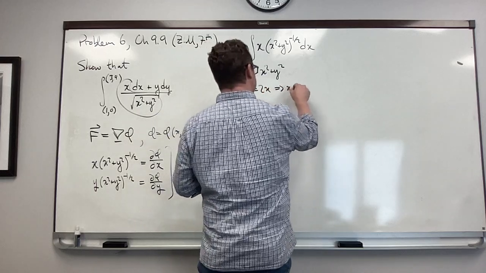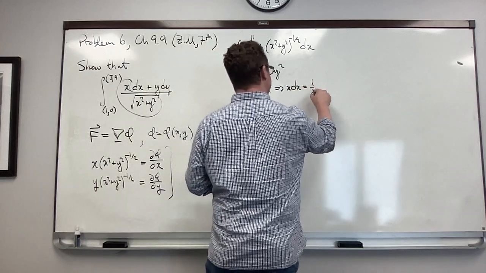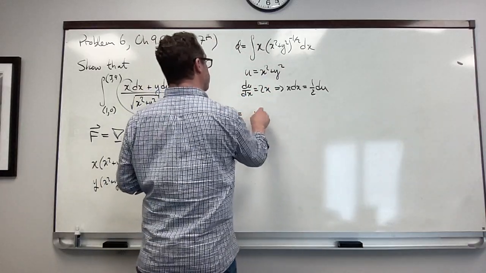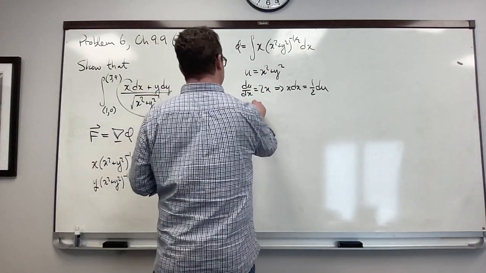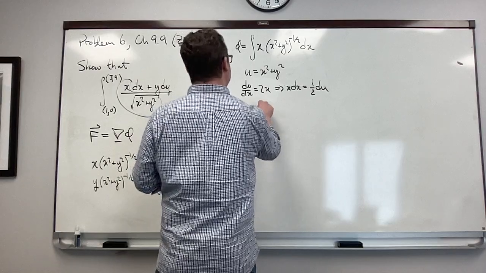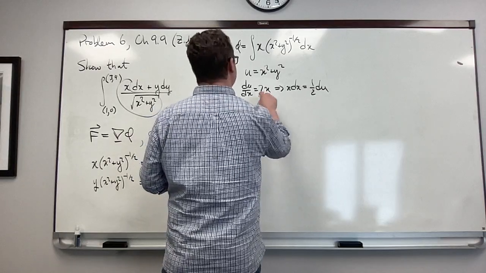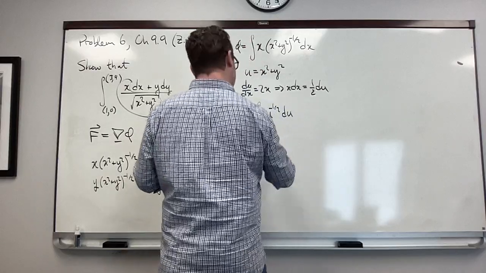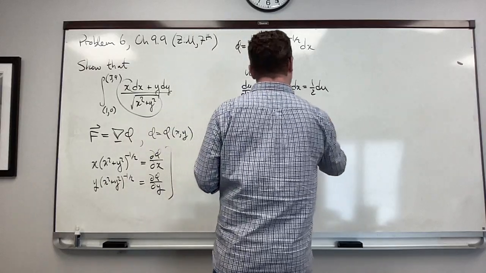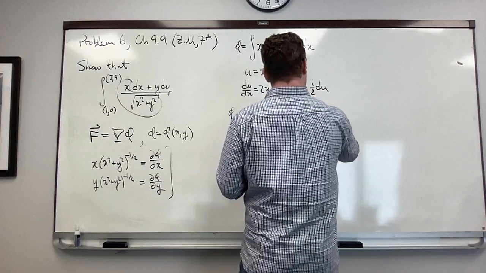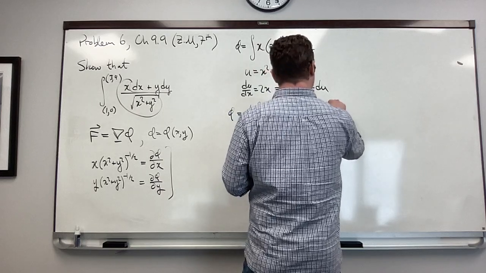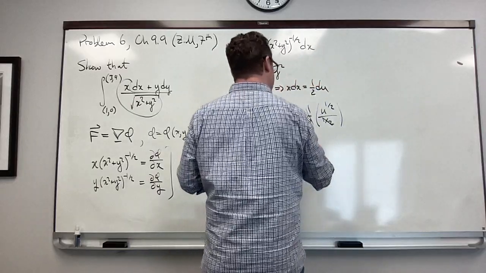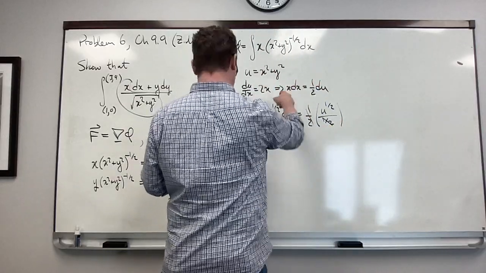That means x dx equals 1 over 2 du. Okay, so phi equals 1 over 2 integral of u to the minus 1/2 du. So that's 1 over 2 u to the 1/2 divided by 1/2. Make those cancel, and then we can substitute back u as x squared plus y squared.